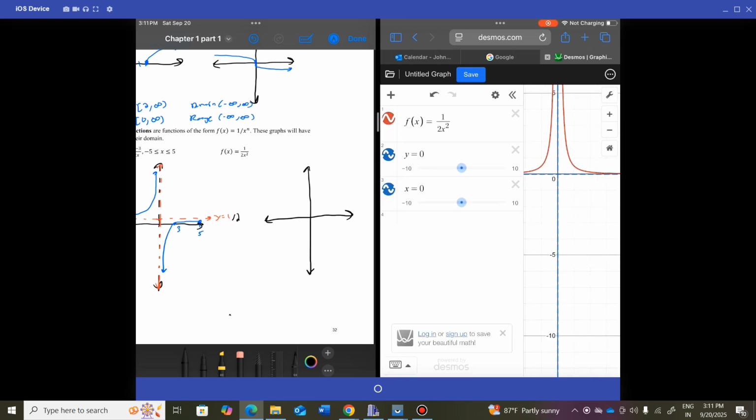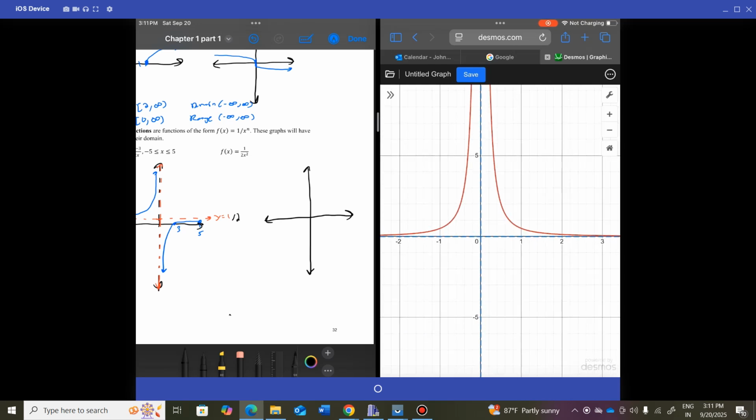And so we see this one does keep extending because there's no restriction that was put in on the domain that's not supposed to be there. But we see that there's an asymptote at our y-axis and at our x-axis.